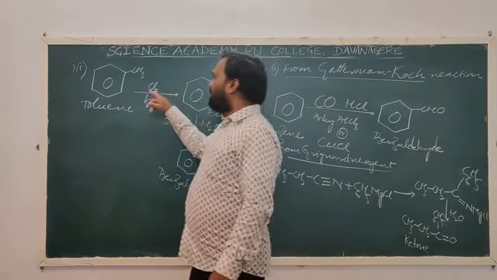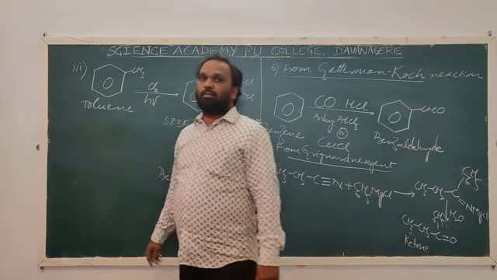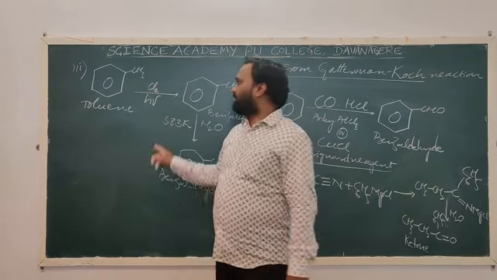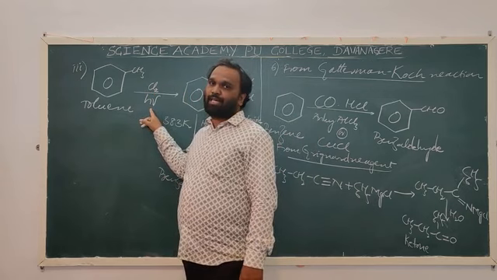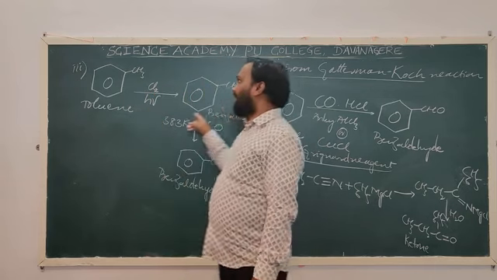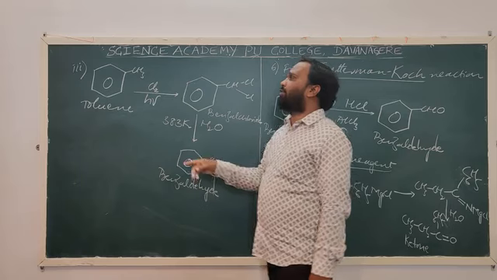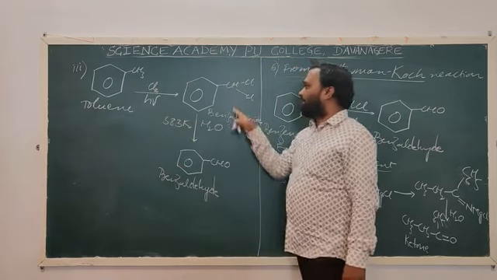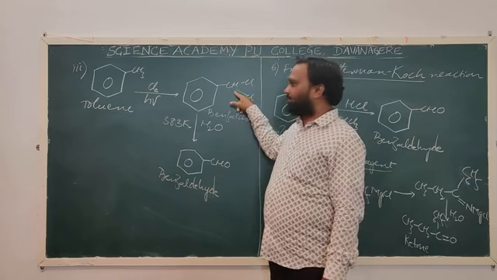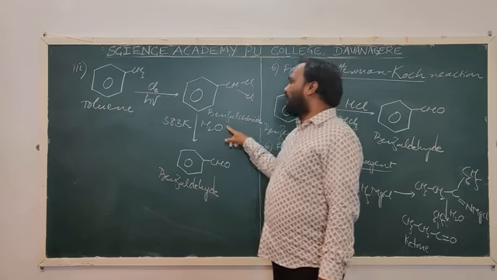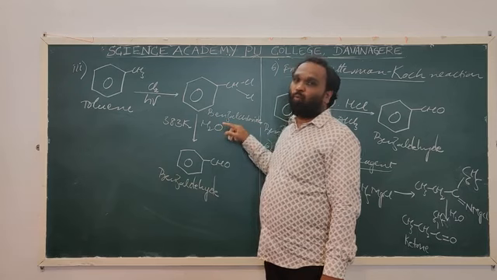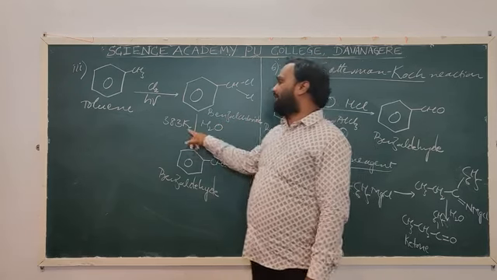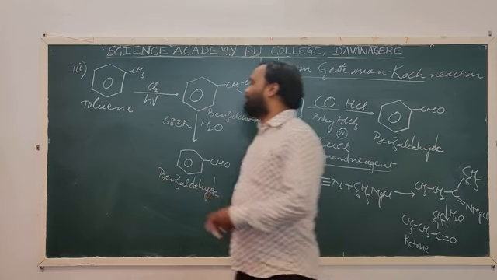So the next one is toluene, which on chlorination in presence of diffused sunlight undergoes a substitution reaction at the side chain, giving benzal chloride. And this benzal chloride on heating with water at 383 Kelvin gives benzaldehyde.